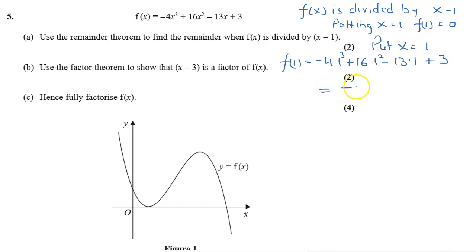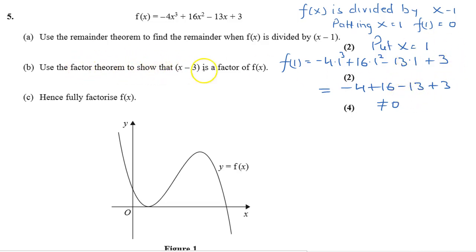So that is equal to negative 4 plus 16 minus 13 plus 3. 16 and 3 make 19, and this is 17. So definitely it is not equal to 0. So we are getting a remainder here, and that is 2.